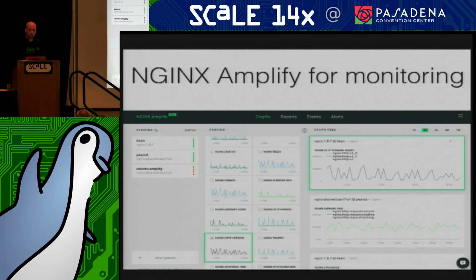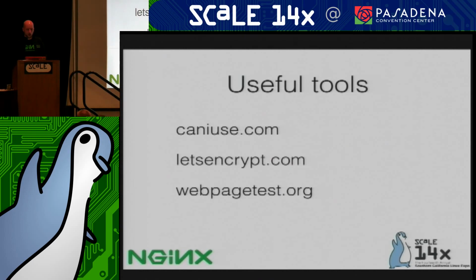It will give you configuration recommendations and a number of different graphs, including an HTTP version graph, which will show how many users are coming to your website with HTTP 1 or HTTP 2. Very useful tool. You will find the link in the set of links that I will show at the end of the presentation.